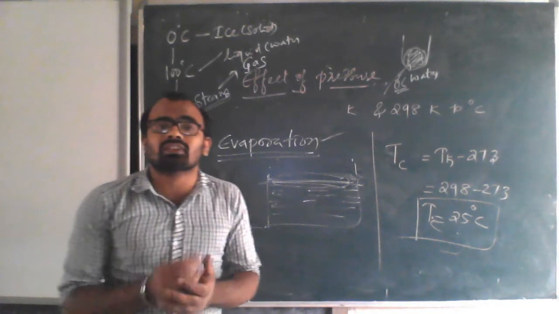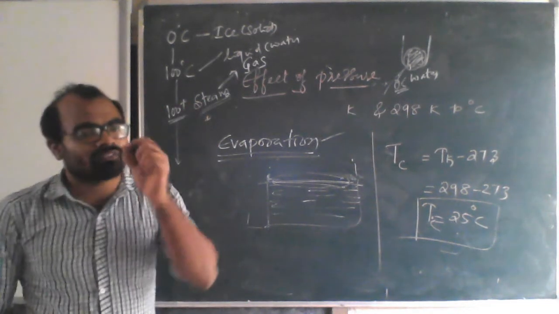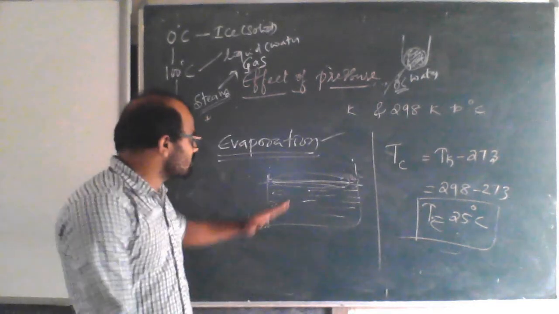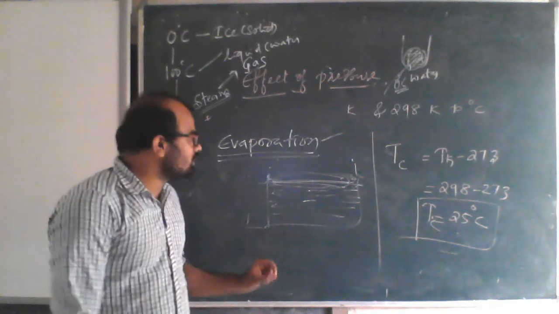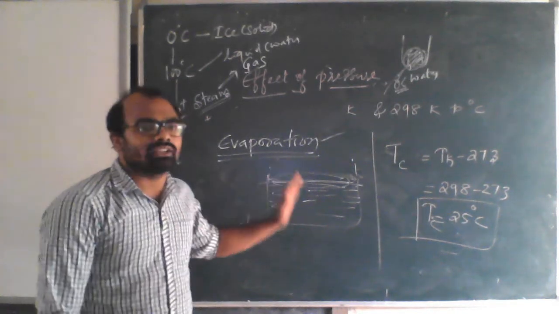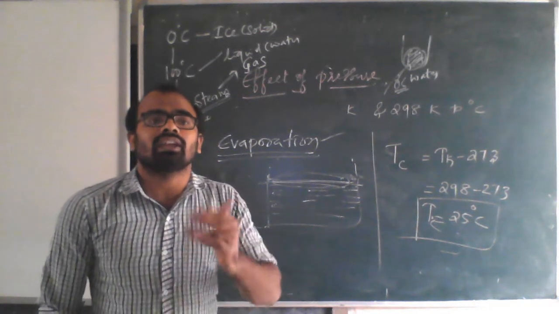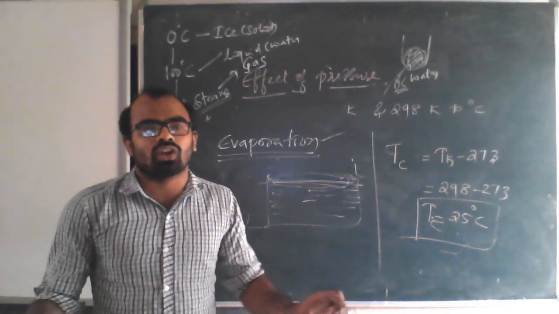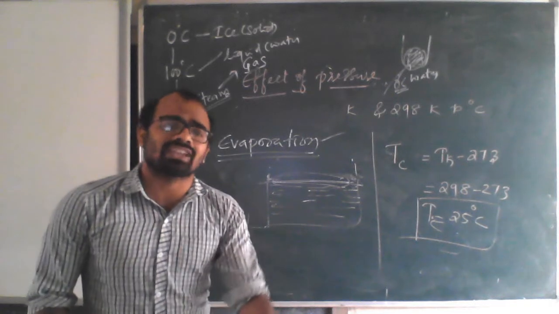Particles from the surface get some energy. Evaporation is a surface phenomenon in which particles from the surface gain energy to come out of the interparticle force of attraction, and they get vaporized, or get into the gaseous state.